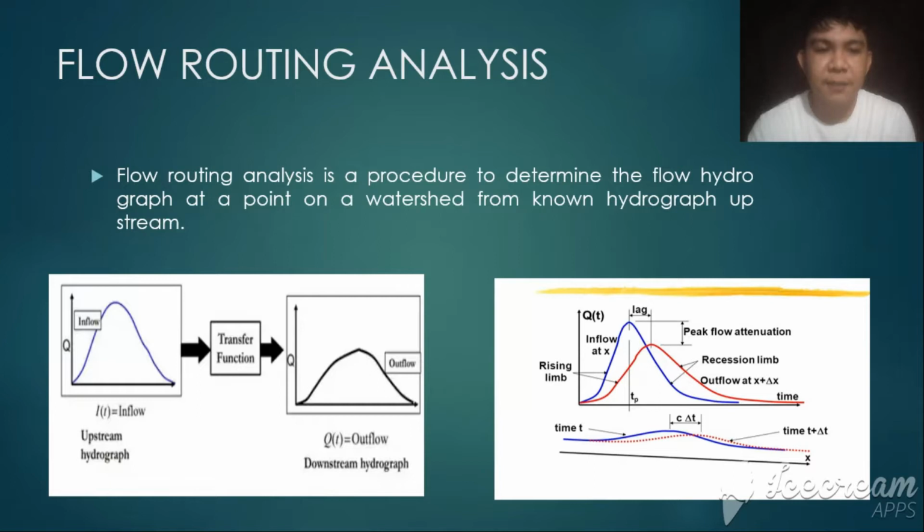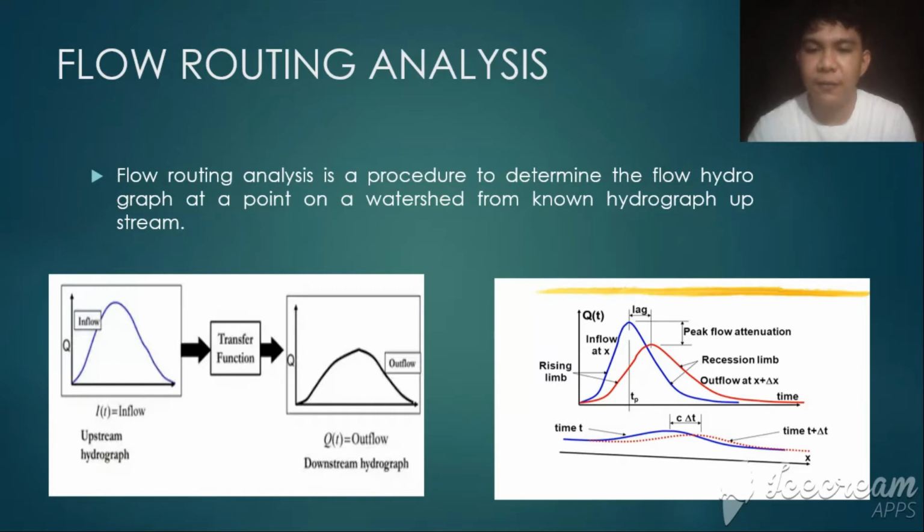If you notice, the elevations in both curves from upstream and downstream are not the same. The elevation in inflow is much higher than the outflow. So from inflow, it passes through a transfer function, then the peak or the elevation of the curve decreases.